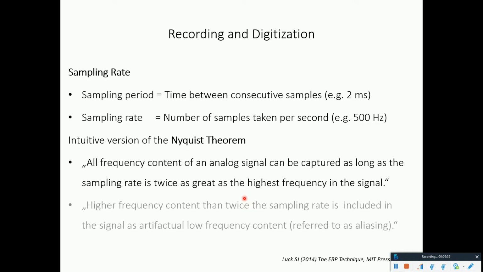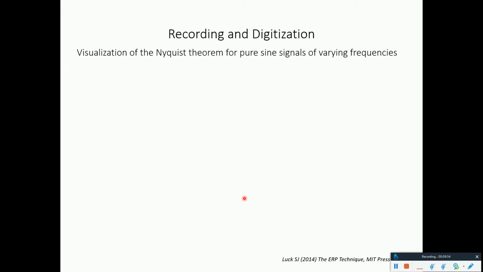So what's it with this Nyquist theorem? Another version of it is that frequency content higher than half the sampling rate is included in the signal as artifactual low frequency content, and this is referred to as aliasing.